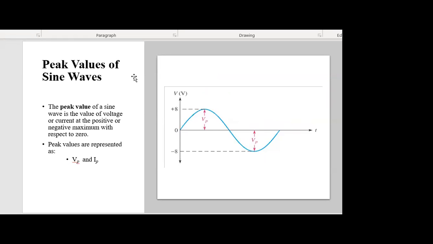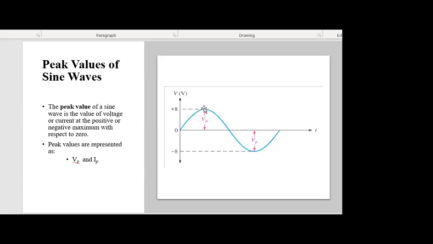Then the peak value of the sine wave. The peak value can be either voltage peak value or current peak value. So the peak value of a sine wave is the value of voltage or current at the positive or at the negative with respect to 0.